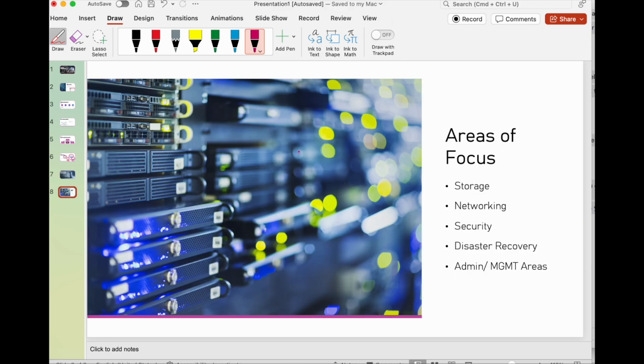This is the final slide of this week, and I just wanted to reinforce the idea that you have to be aware of all of these areas: storage, networking, security, disaster recovery, admin, and management.